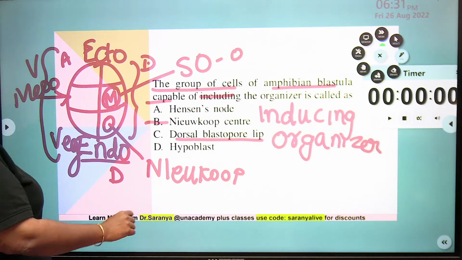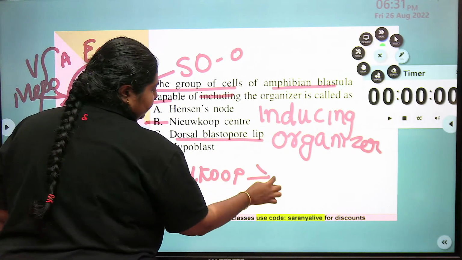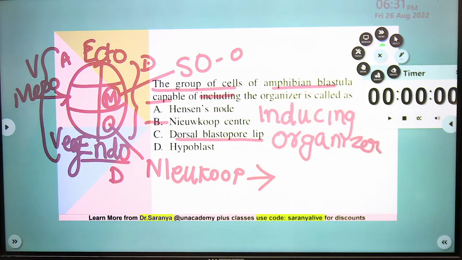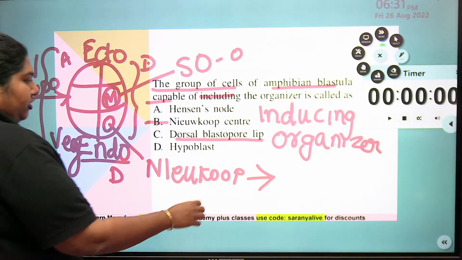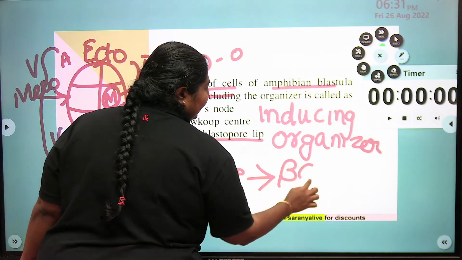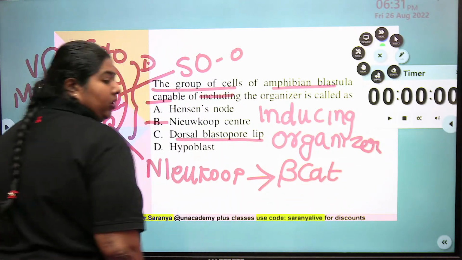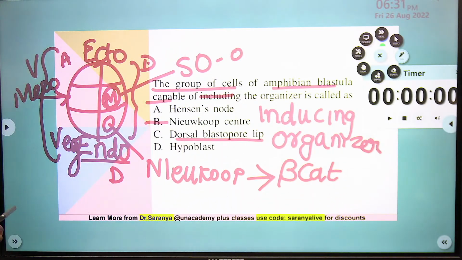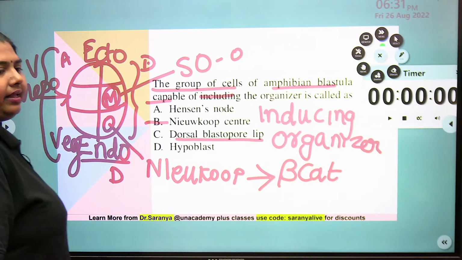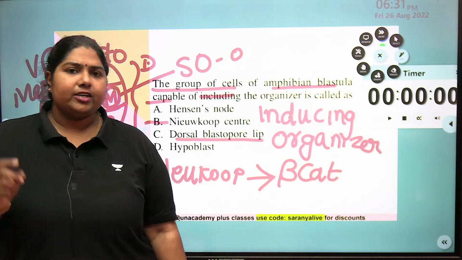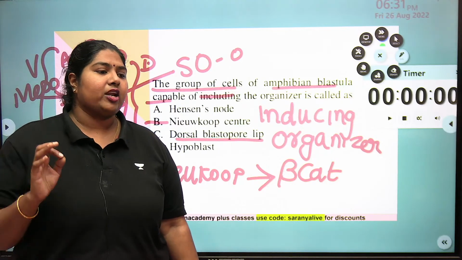So what is this Nieuwkoop center going to secrete? Can you tell me? The Nieuwkoop center is going to secrete your beta-catenin. Okay, my next question for you now. Is beta-catenin an organizer? Everybody in this class, tell me. Do you think that beta-catenin is an organizer?